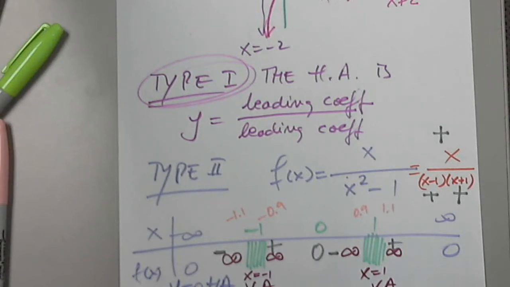On the other side, from positive infinity, approaching 0 from above. One more time. From below 0, coming down to negative infinity on the left-hand side of the first vertical asymptote. On the other side, from positive infinity, crossing at the origin, going down to negative infinity. And on the right-hand side of the last vertical asymptote, from positive infinity, approaching 0 from above.